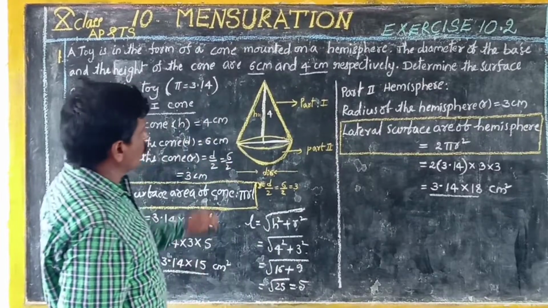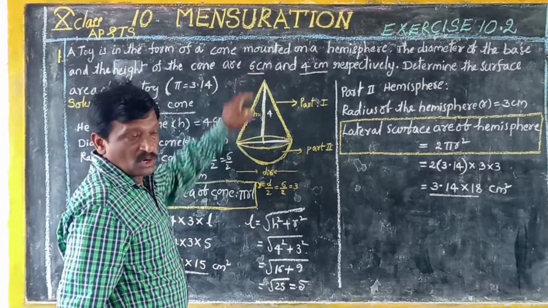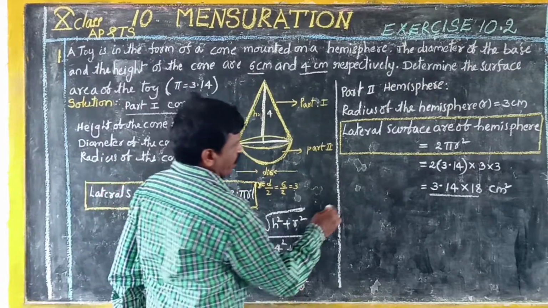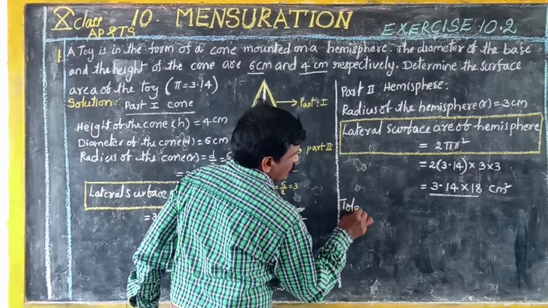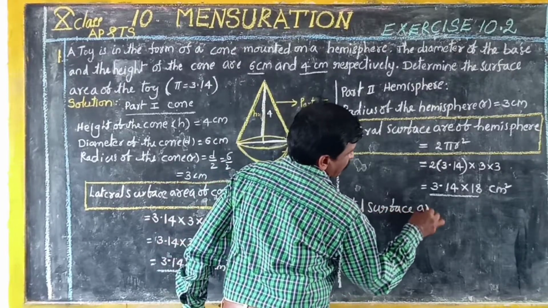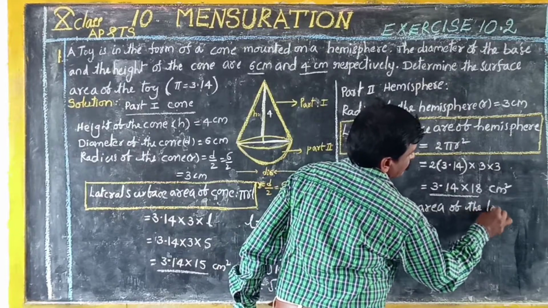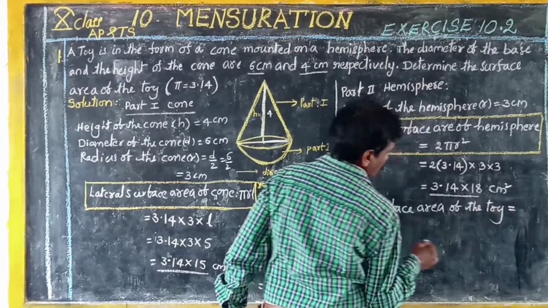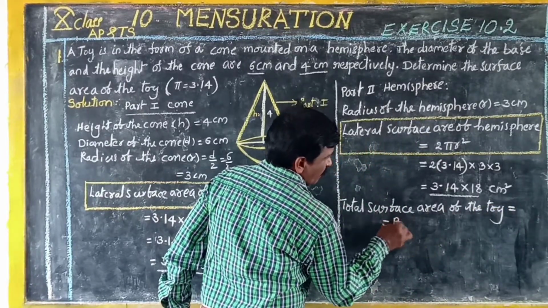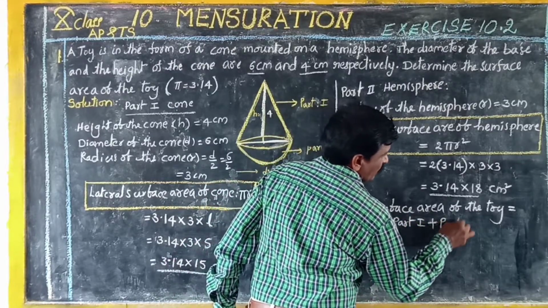So we want the total surface area of the toy. Total surface area of the toy is equal to part 1 plus part 2.